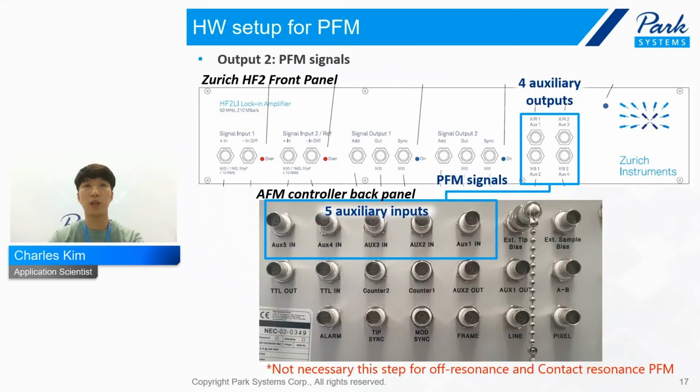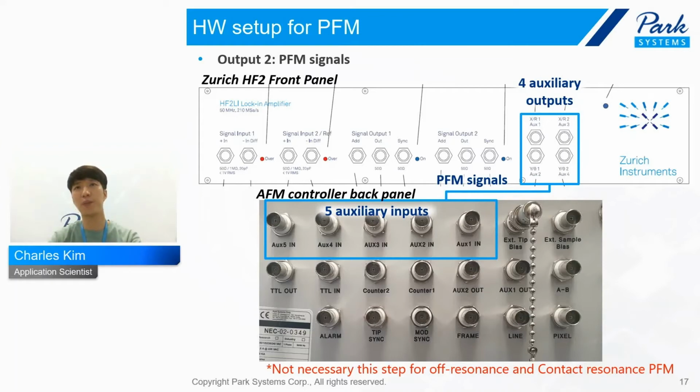And the last one is the signal detecting. The 3D lock-in amplifier will calculate the signal differences between the external AC bias and the vertical oscillation information from the cantilever.